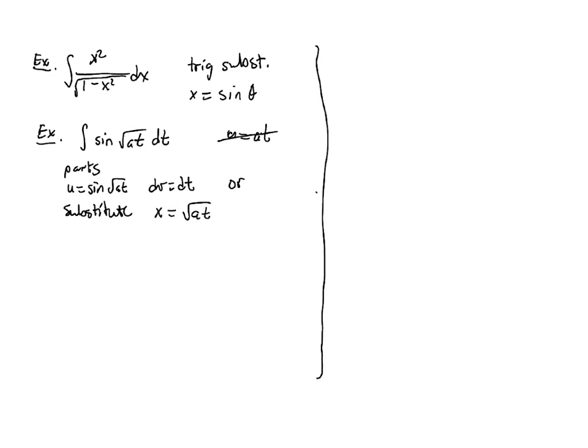And let me give you an indication of why this works. So in this situation we have dx equals 1/2 square root of at times a times dt by using the chain rule.